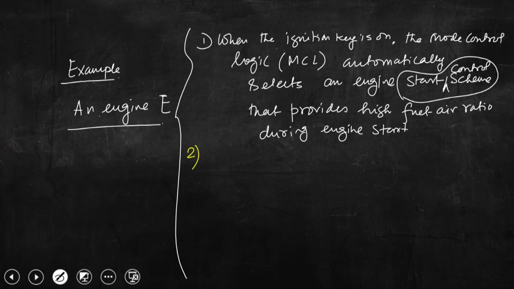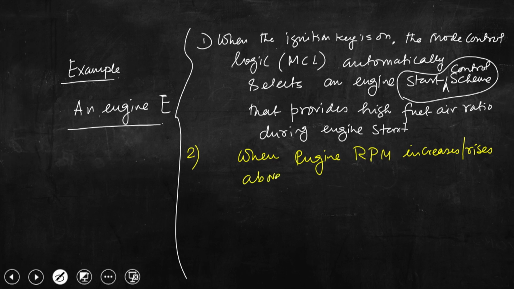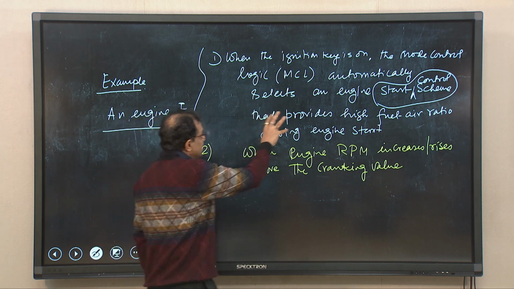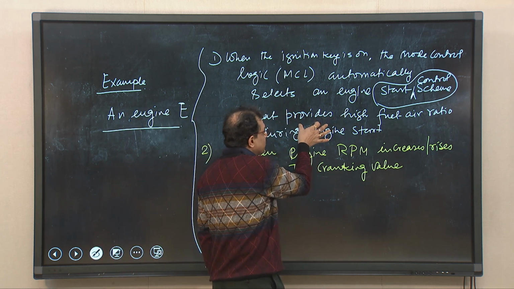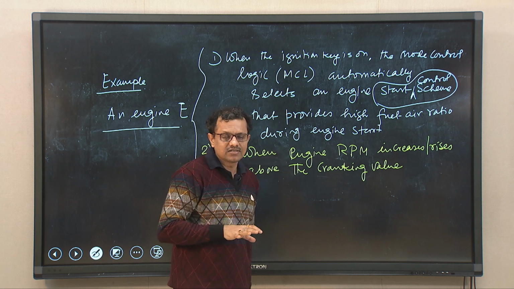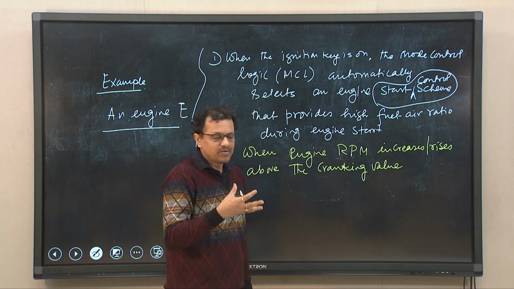So, now it is start, then when engine RPM increases or rises above the cranking value, that means we started engine E, then initially we had to supply a rich air fuel mixture which is required during that particular mode of operation or category of operation.